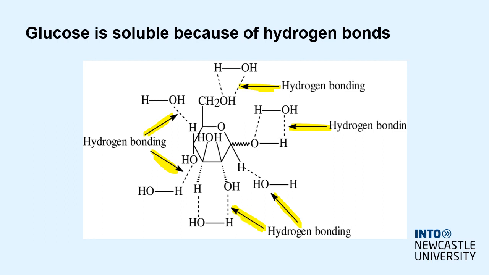And you've got the water molecules here and here, here and here. So this glucose molecule can form lots and lots of hydrogen bonds with water and is freely soluble in water.